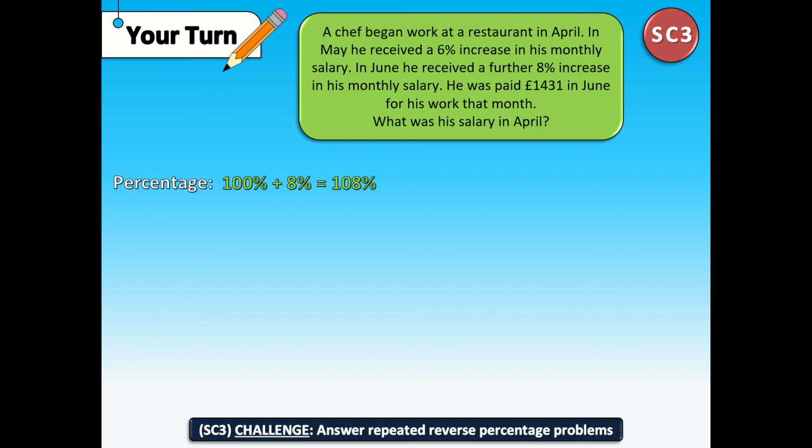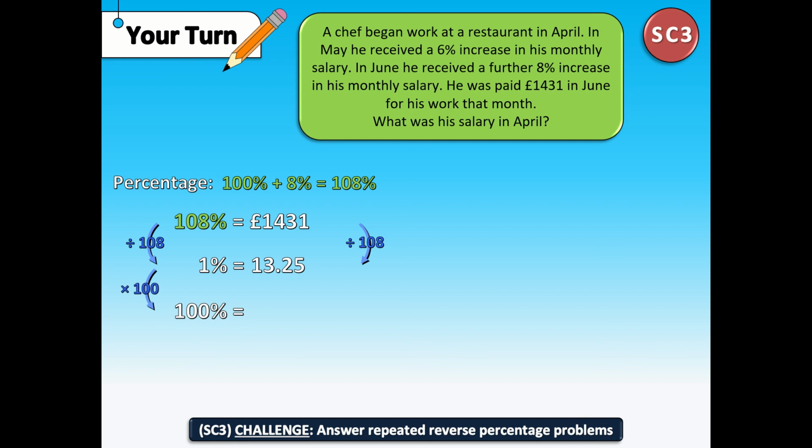So if we start with how much he was paid in June, and he got an 8% increase in June. So we know 108% is £1,431. So 100% would be £1,325. So that was his salary in May.